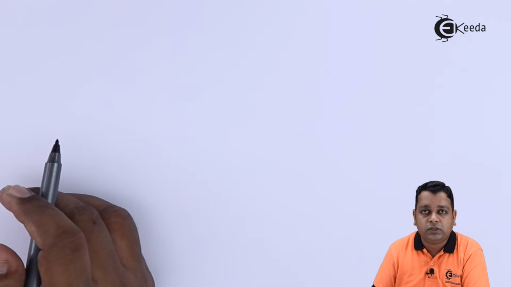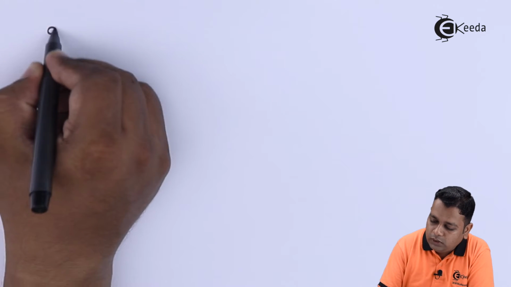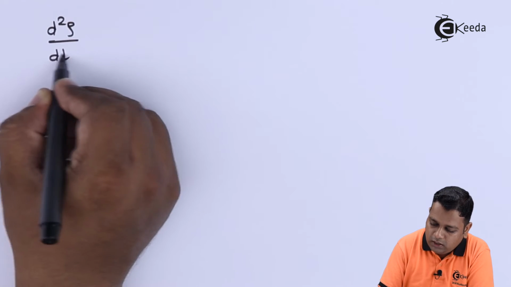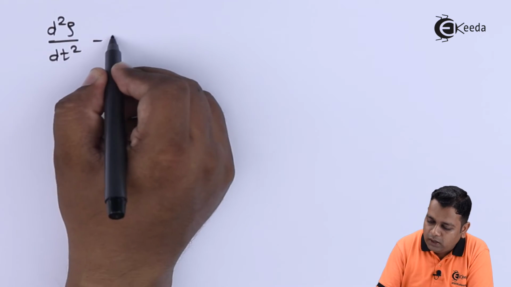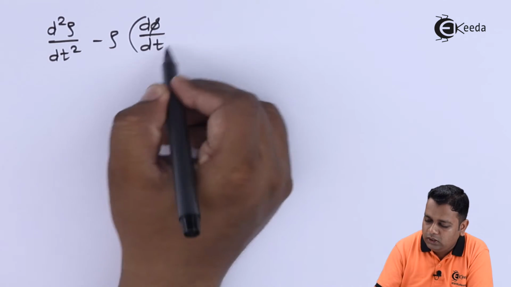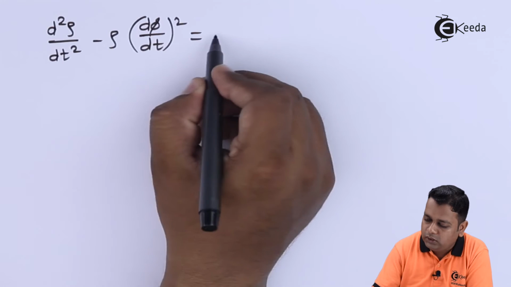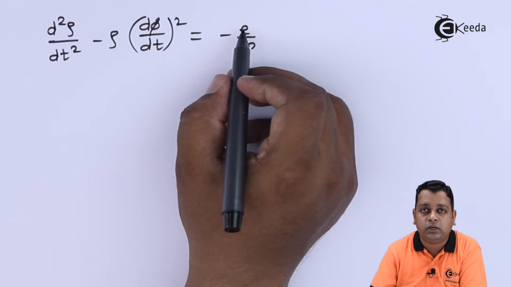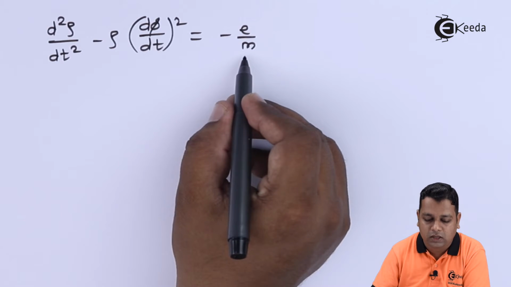The first equation I write here will be d2 rho divided by dt square minus rho times d phi upon dt, bracket squared, given by minus the ratio of the charge of the electron e to the mass of the electron m.